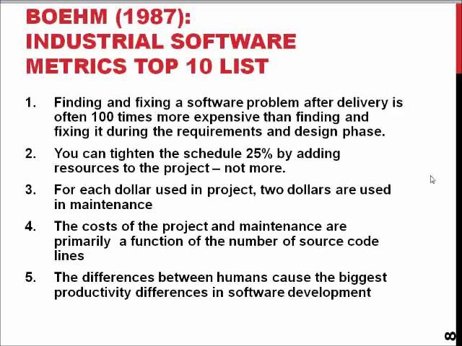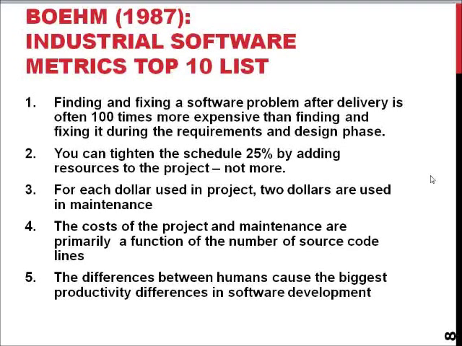So the first point is that finding and fixing a software problem after delivery, releasing your game or giving your software to your customer, is 100 times more expensive than finding and fixing the problem during the design and requirements phase. So cutting out design, cutting out testing during development, it's not just wise from the financial perspective, but still it keeps happening.